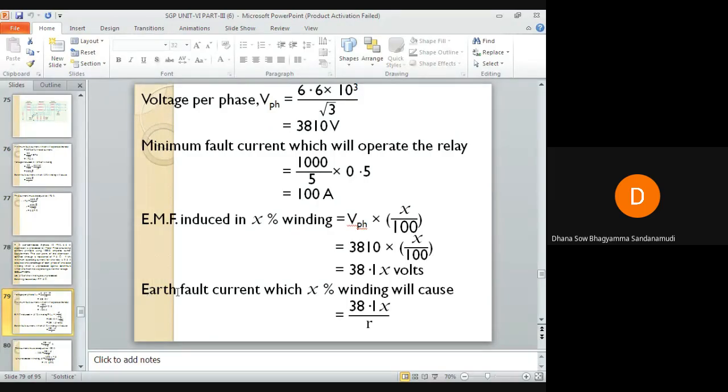And we have determined the earthing fault current which X percentage winding will cause. So definitely this earthing fault current which X percentage winding will cause must be equal to the minimum fault current which will operate the relay.